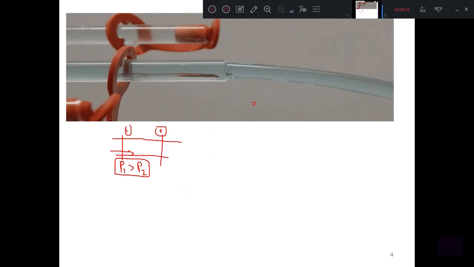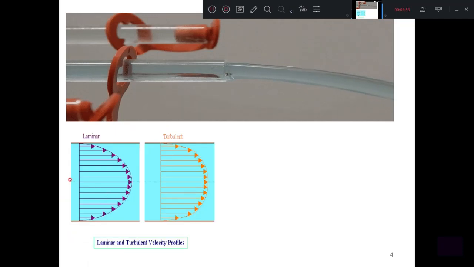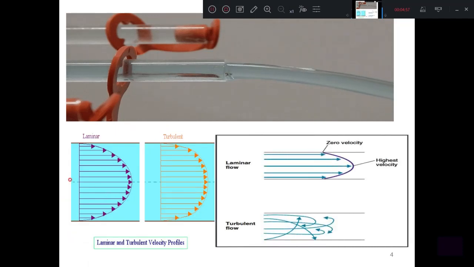This is due to the friction between the fluid and the pipe wall and also the internal friction within the fluid. So in pipe flow, substantial energy is lost due to frictional resistance. Here, this is the velocity profile of the fluid flowing through the pipe, one is the laminar flow and another one is the turbulent flow.